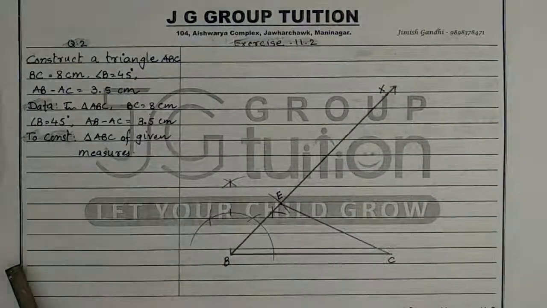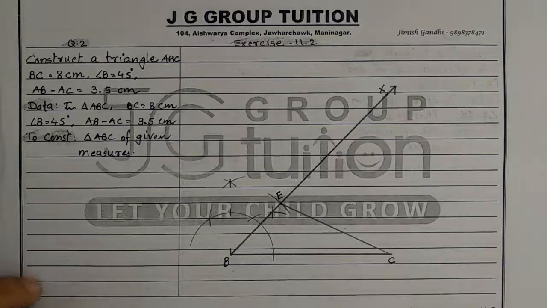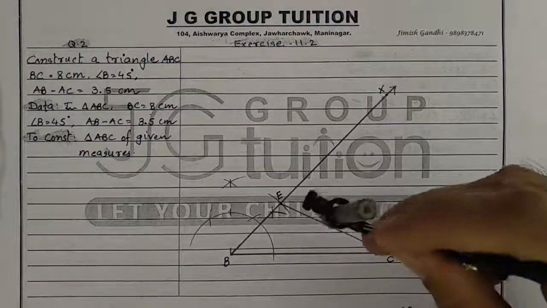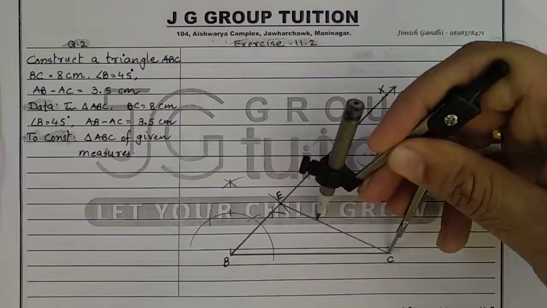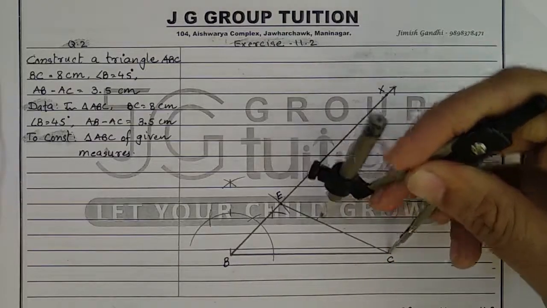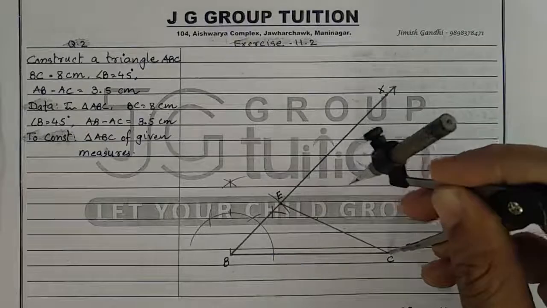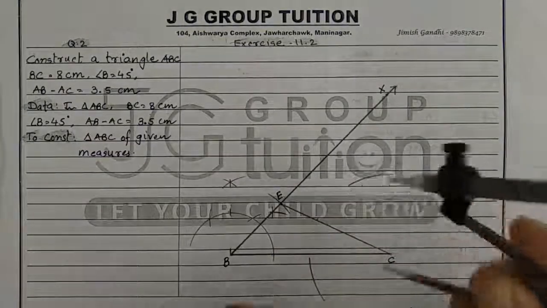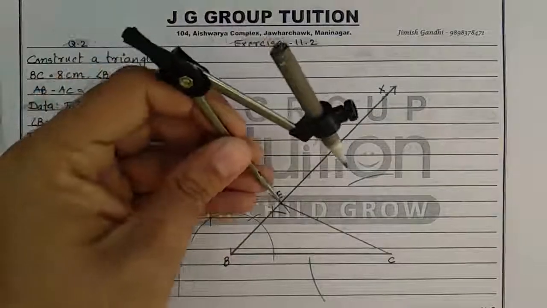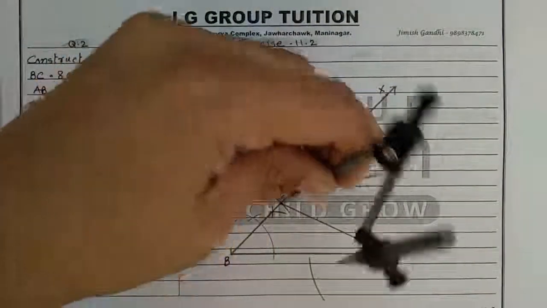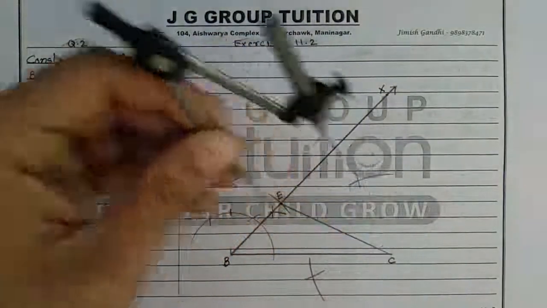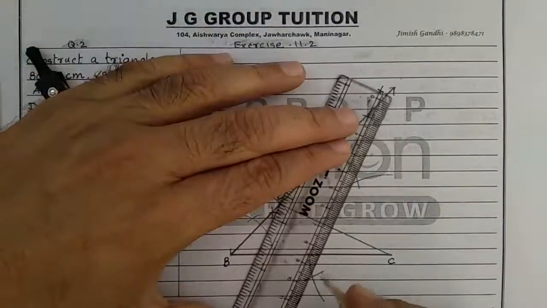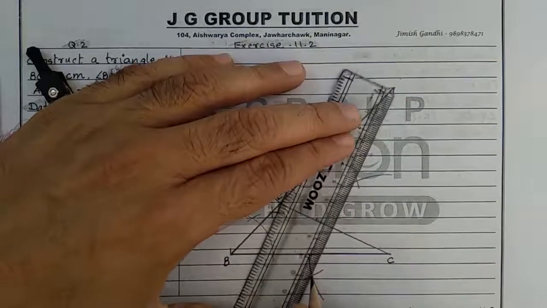Now we draw the perpendicular bisector of EC as we discussed earlier. Take a length of more than half of EC. From C draw one arc on the upper side and the lower side. Keeping the same radius, from point E draw arcs on the upper and lower side. Join these intersecting points, which forms the perpendicular bisector.